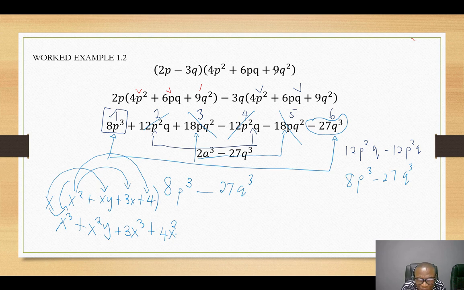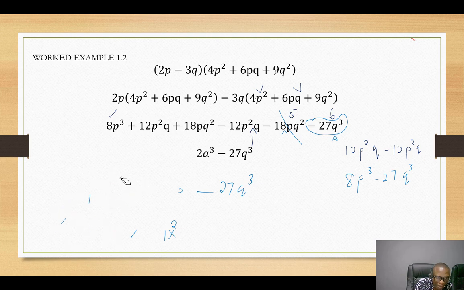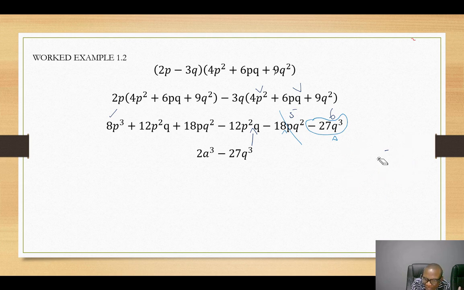I'm going to first erase everything here. I know it's easy to spot like terms, but I just want to explain how we see like terms.